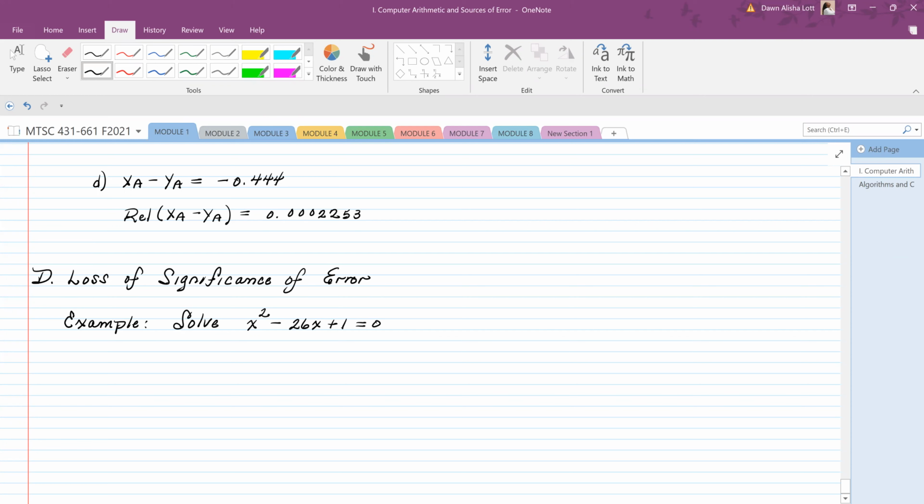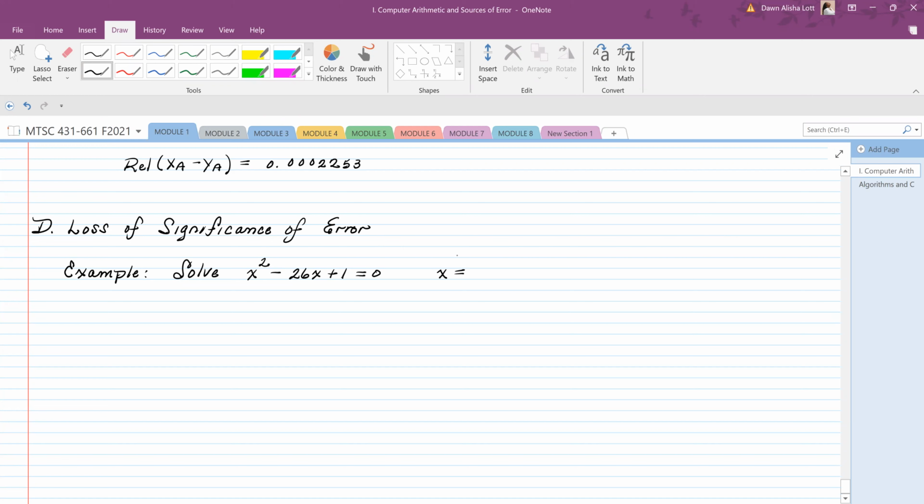And I'll use the quadratic formula, and I get x is equal to 26 plus or minus the square root of 26 squared minus 4, all over 2.